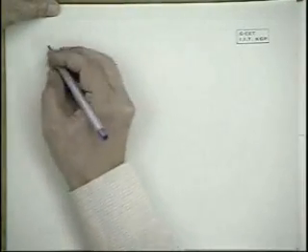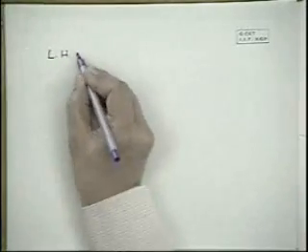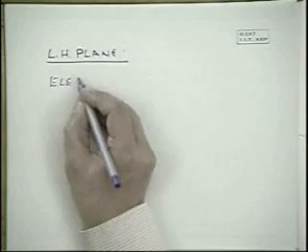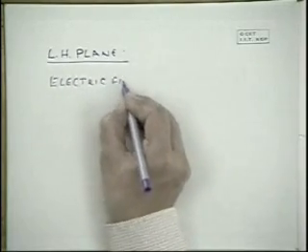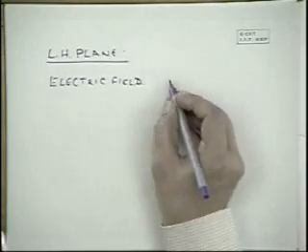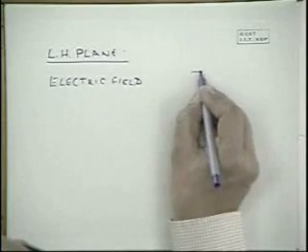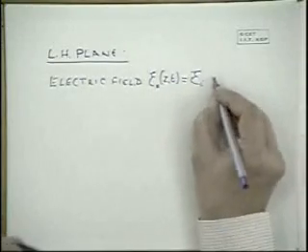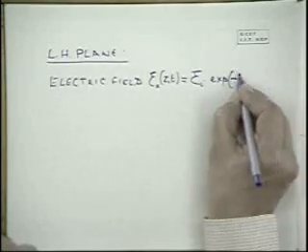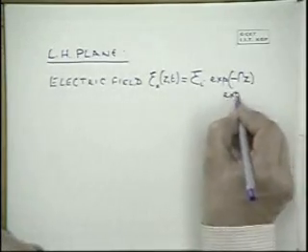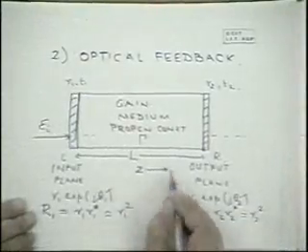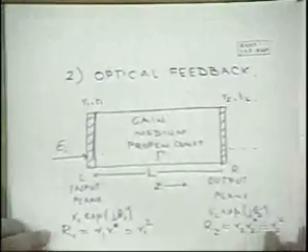Let's say the incident electric field at the left-hand plane is EI, so Ex as a function of z and t is equal to EI exponential minus gamma z, and it's a sinusoidal field exponential j omega t, propagating in the z direction. We're taking a one-dimensional case.